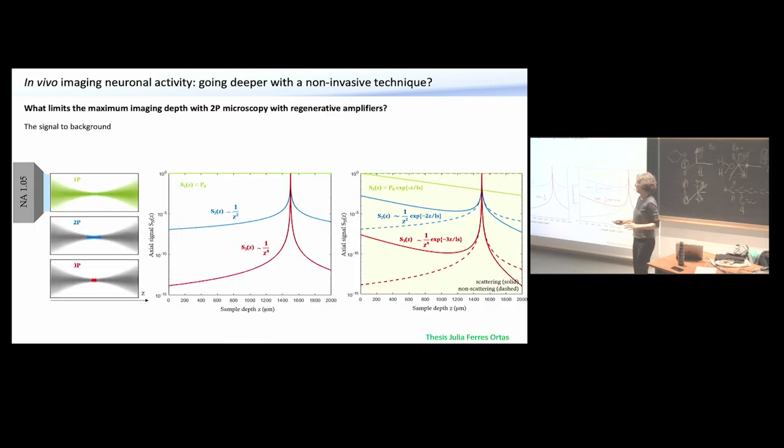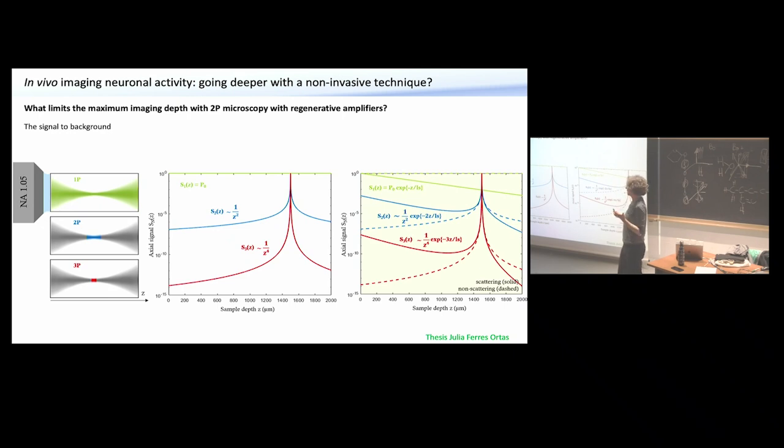So let's briefly look at why. Again, this blue curve is the sectioning curve. Now it's plotted in log scale, so that's why it doesn't look exactly the same as the one I showed before. But this is the signal coming from a focal plane, depending on the position of the focal plane. So it's maximum at the focal point, and it decreases out of focus.